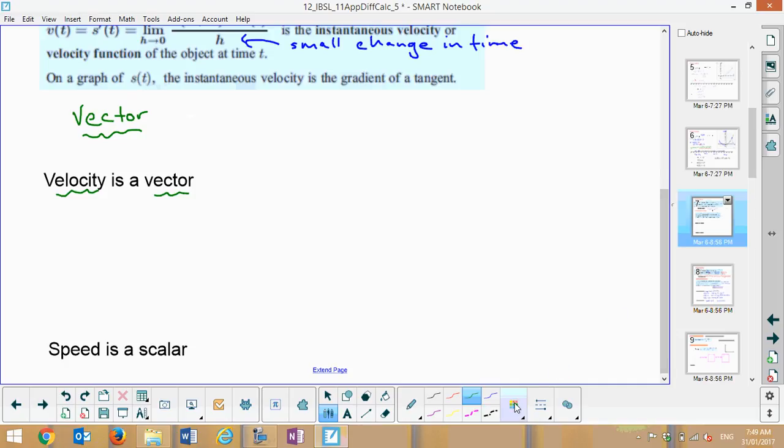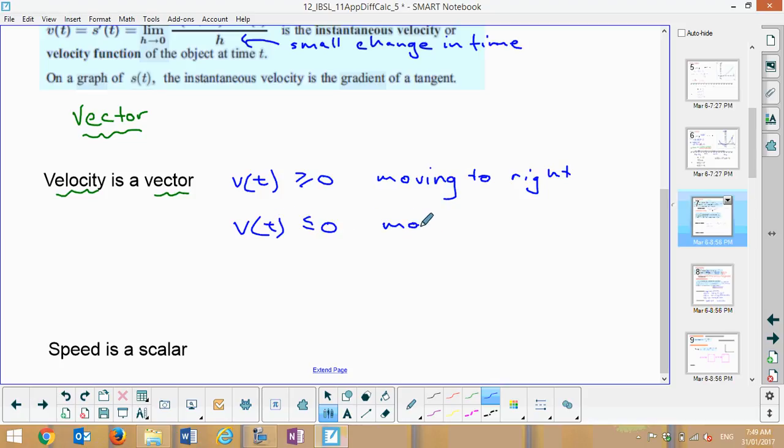So if this is a vector, if our velocity as a function of time is positive, it means we're moving to the right. Our change of displacement is going to be in the positive direction. Whereas if our velocity is negative, it means we're moving to the left.